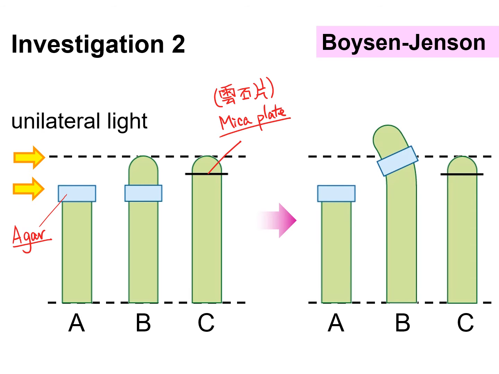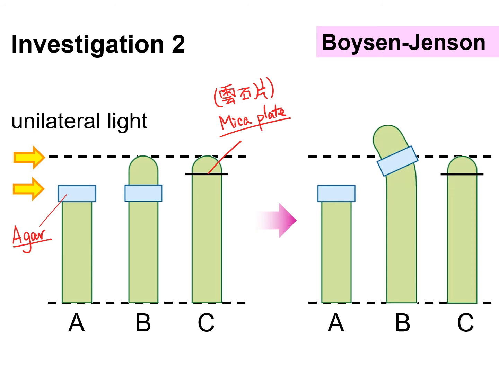In setup A, the tip of the coleoptile is removed, and then an agar, a jelly, is put on top of the coleoptile. For setup B, an agar is inserted in the coleoptile, while for setup C, there is a mica plate inserted into the coleoptile.